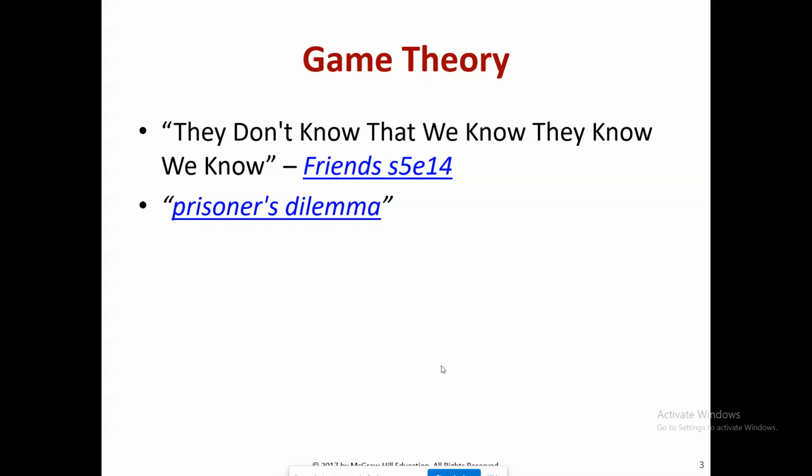Simultaneously, the police officer offers each prisoner a deal. If the prisoner testifies against his partner, he will go free while the partner will get 3 years in prison on the main charge. If both prisoners testify against each other, both will be sentenced to 2 years in jail.